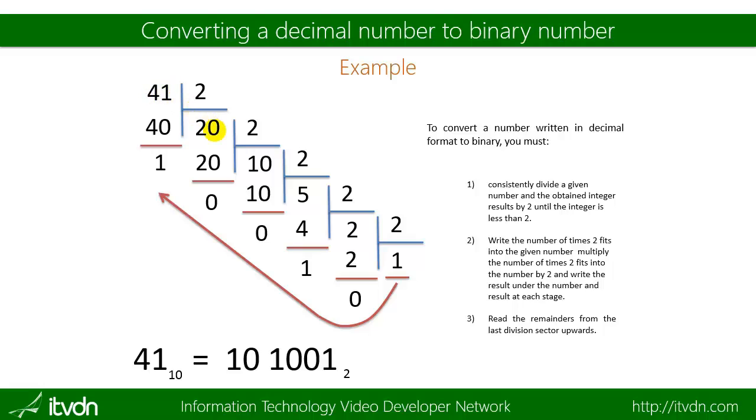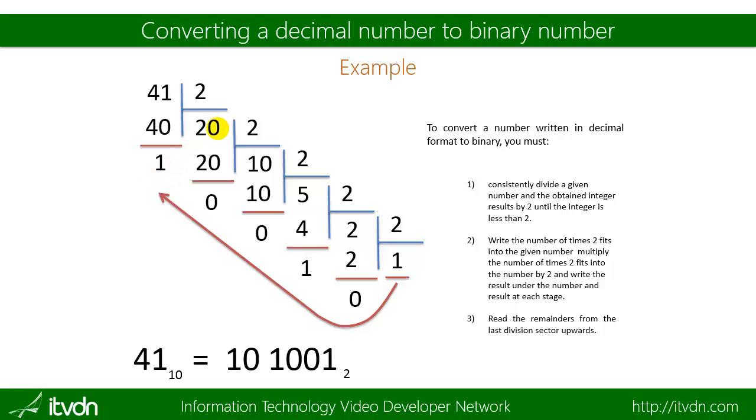We have a remainder of 1, but I'll show you what to do with it now. Next, I multiply 20 by 2 and I write my result under the given number. So 20 times 2 is 40. Now, 41, my initial number, minus 40, I get 1. Now I'm left with 20.